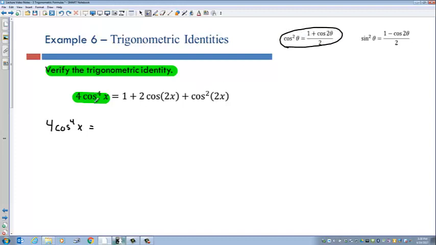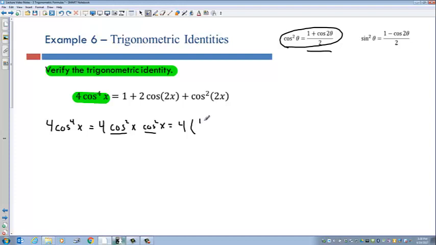And so what you want to notice is that this is not cosine squared x, it's cosine to the 4th x, but you can rewrite it in terms of squares. This is cosine squared x times cosine squared x. And so then the idea is to replace these two things with this thing written twice. So let's do that, and then everything will just fall out probably.